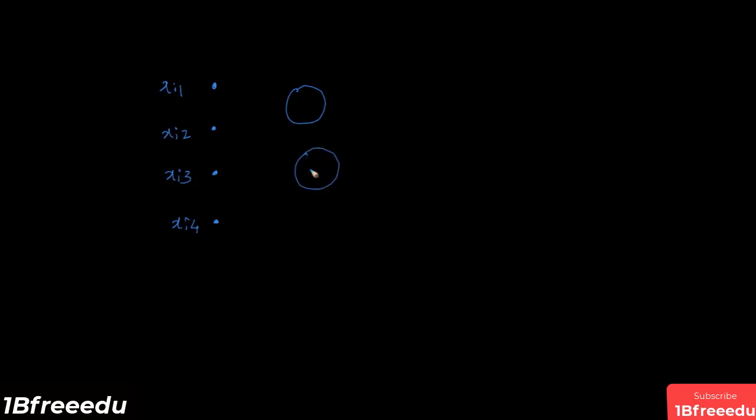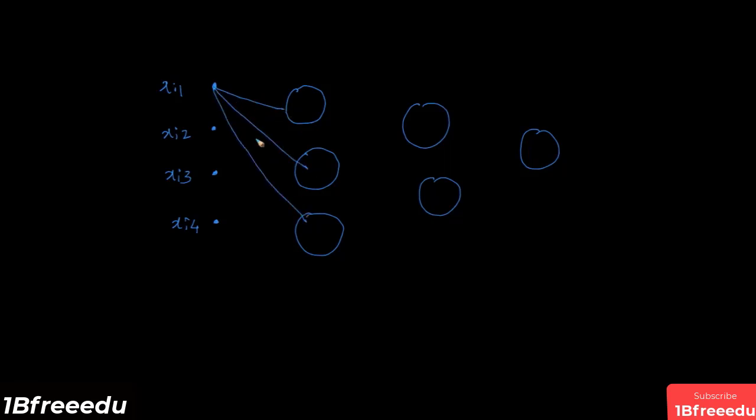Let's say we have 2 neurons here and 1 neuron here. So this input I am giving here, here and here. This input I am giving here, here and here. This input here, here and here. This input here, here and here.